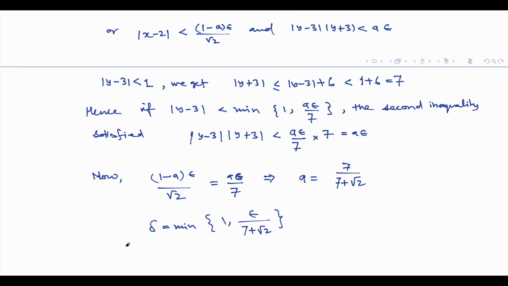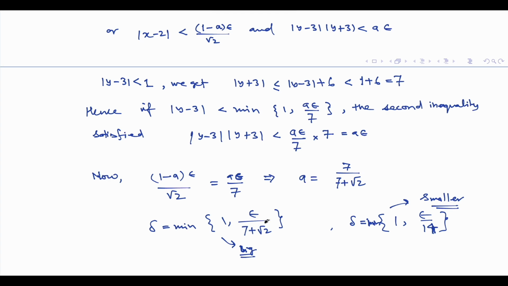It means that we found two deltas. One is the delta minimum of 1 comma epsilon upon 7 plus root 2, and another delta we have obtained is minimum of 1 comma epsilon upon 14. So you see here, this is a smaller delta, a smaller range I can say, and this is a bigger range, bigger delta.